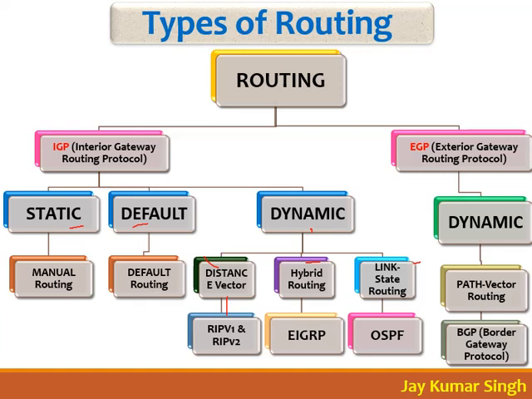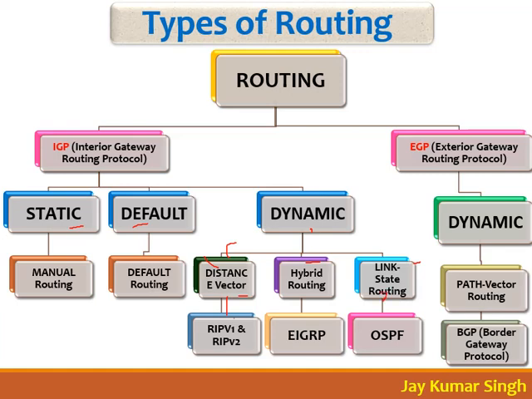EIGRP and OSPF work on links. EIGRP is known as a hybrid routing protocol because it works on hop count plus link. We'll see all of them one by one.